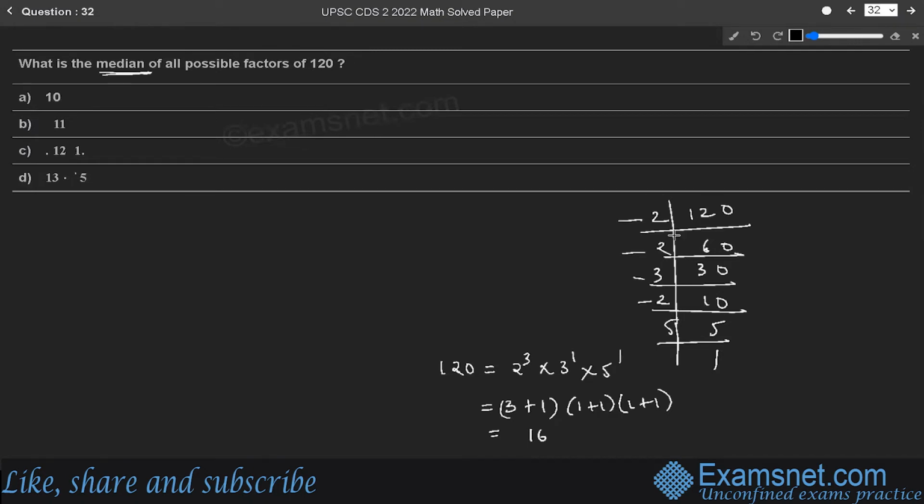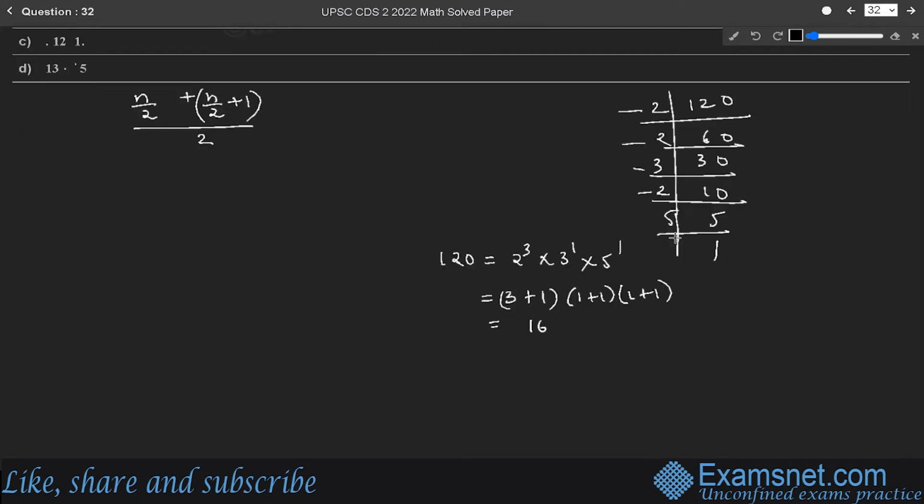For finding the median of this type of question, the formula is n by 2 plus n by 2 plus 1 whole upon 2. But here we know that there are total 16 factors. So first we have to find n by 2. N by 2 will be the 8th term. So first let us find the factors.